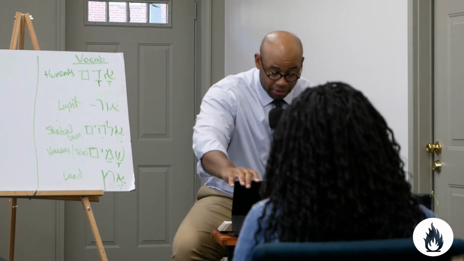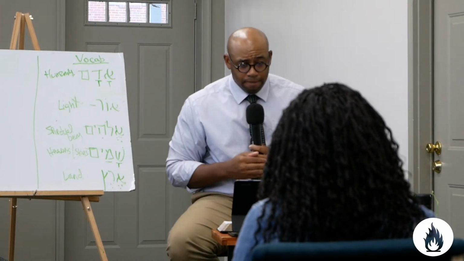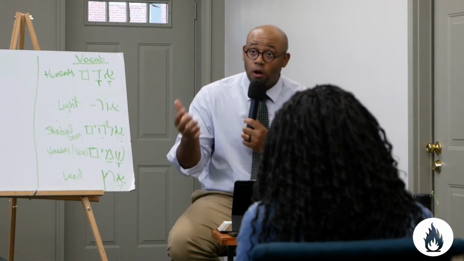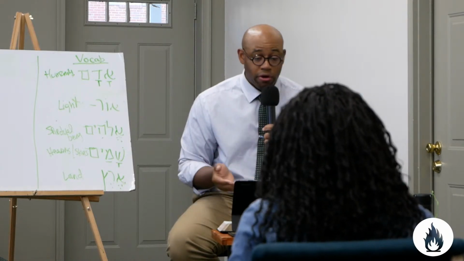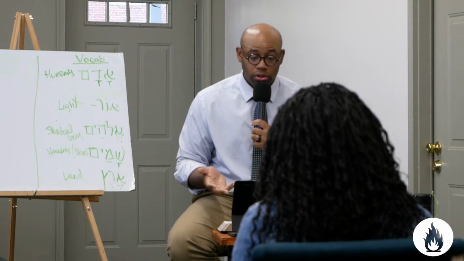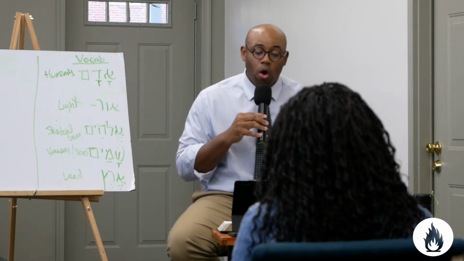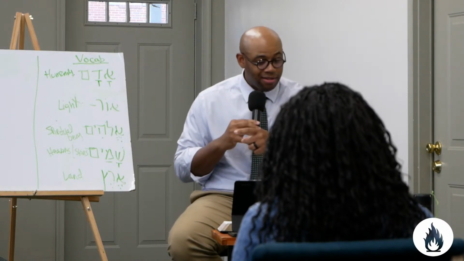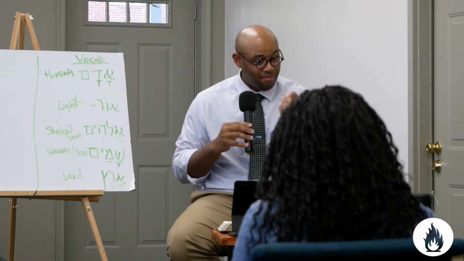Let's look at Luke 24. This is Jesus. He's a resurrected Jesus. He's already in his glorified body, and he's talking to his disciples, and he says this, Luke 24, starting at verse 44. "Now he said to them, 'These are my words, which I spoke to you while I was still with you, that all the things which are written about me in the law,'" Torah, right? The law of Moses, the prophets, Nevi'im, right?